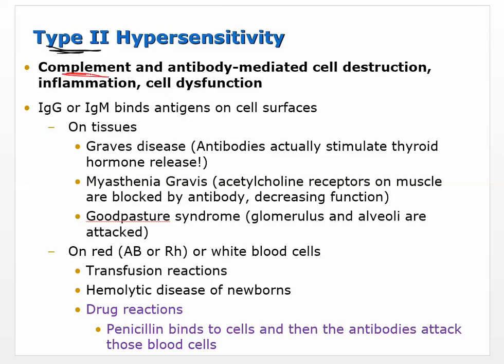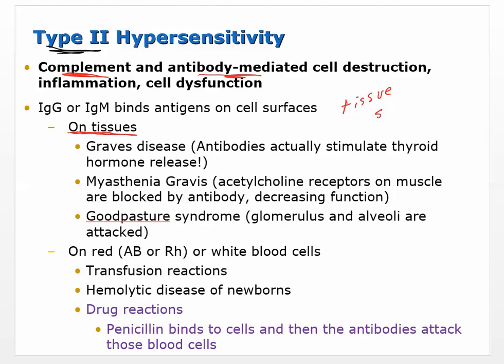So hypersensitivity type 2 is still complement and antibody mediated cell destruction. So remember that it can involve complement, or it can involve antibody mediated. The IgG or IgM binds antigens on the cell surface, and we already talked about certain tissues. Okay, so this is going to be tissue specific, so make a note of that, because this is one of the important things that are going to allow us to distinguish between these types.